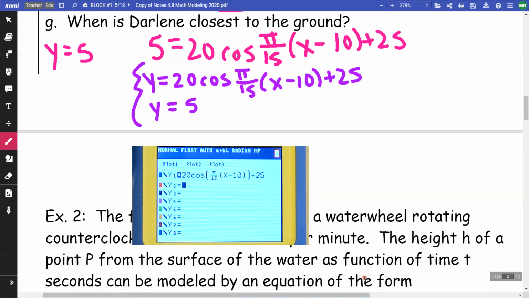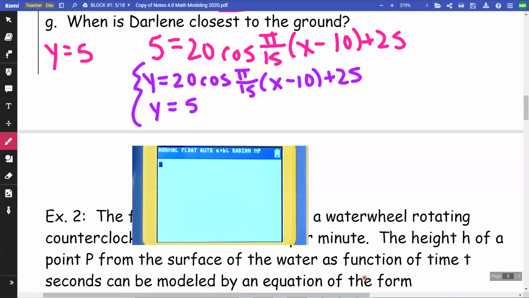And then I'm also going to enter in y equal 5. Now, if I hit graph right now, you're not going to see it where I want it. It's not necessarily scaled where I want it to be. So what I would recommend doing for this is, here, I'm going to turn this off for a second.